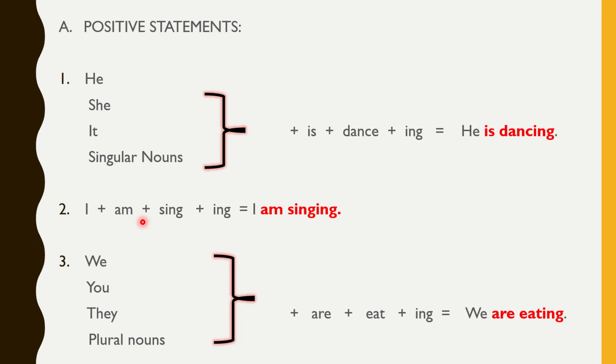I plus am plus sing plus ing, I am singing. Now in the third part, we plus are plus eat plus ing, we are eating. Similarly, you plus are plus eat plus ing, you are eating. They plus are plus eat plus ing, they are eating.